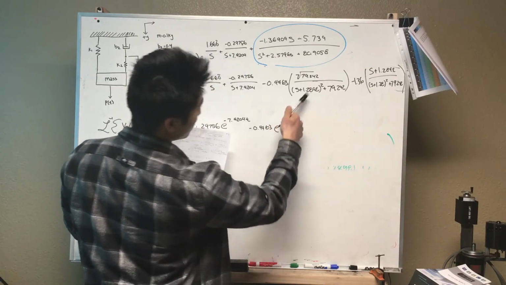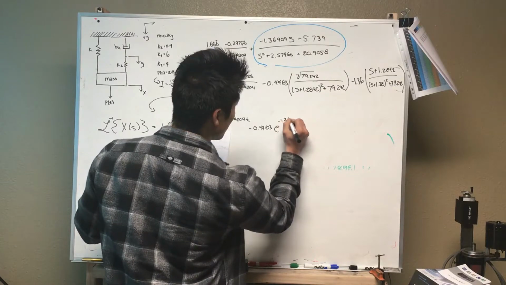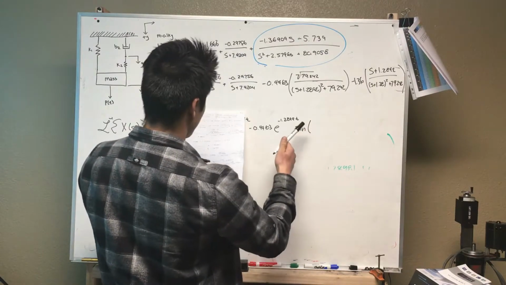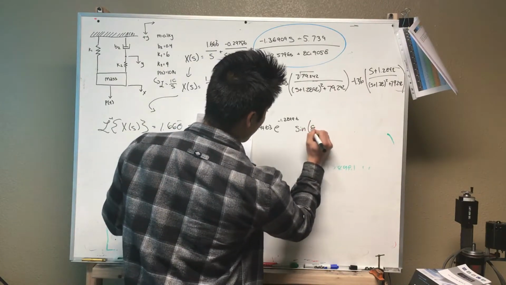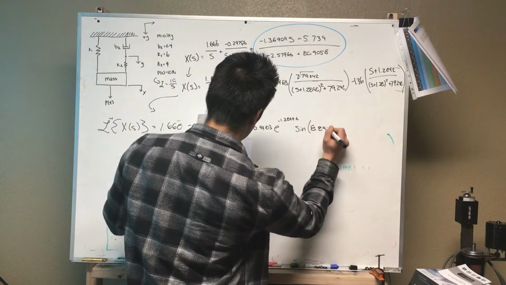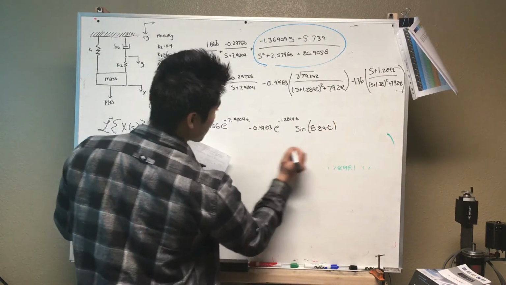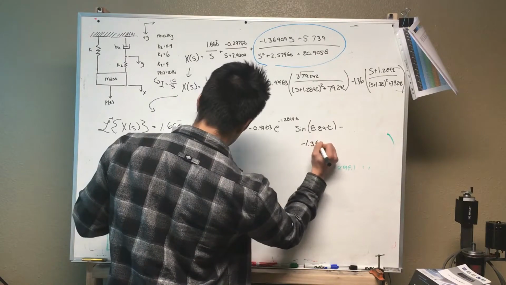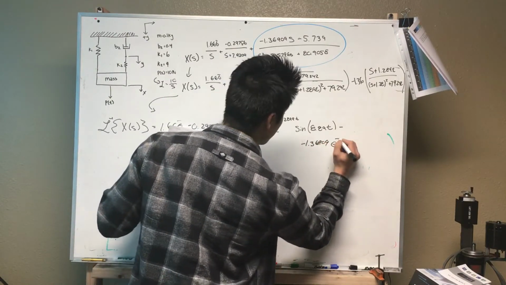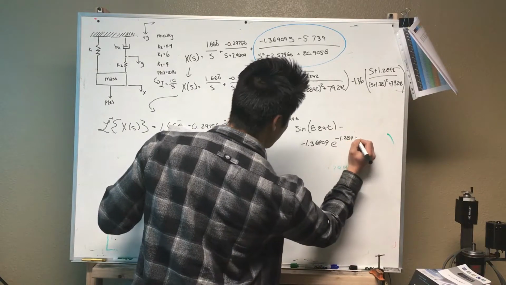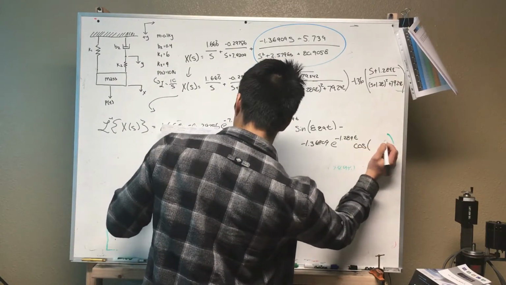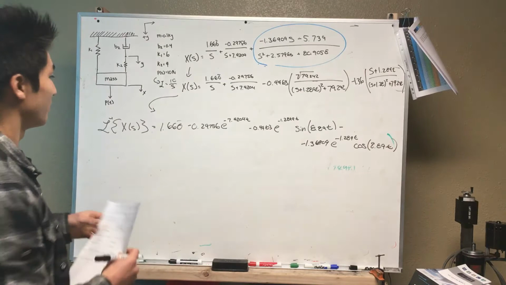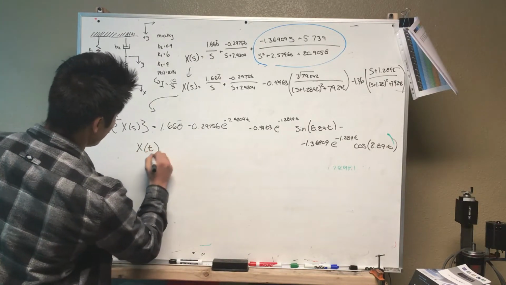We have our e to the negative 1.2898 t, and that's going to be sine of our omega, which is 8.89 t, minus, I'm going to put this one down here, 1.36909 e to the negative 1.289 t cosine 8.89 t. That, my friends, is x of t.